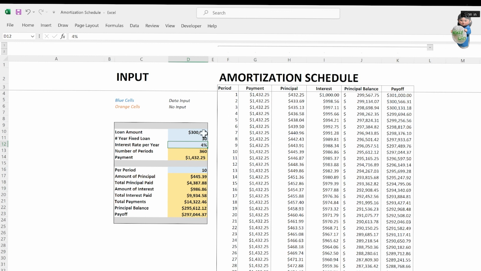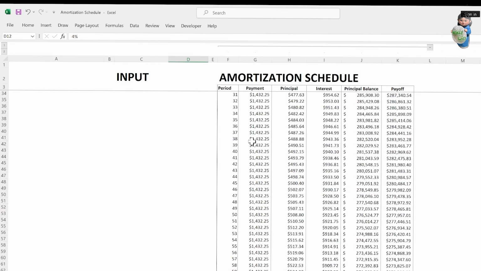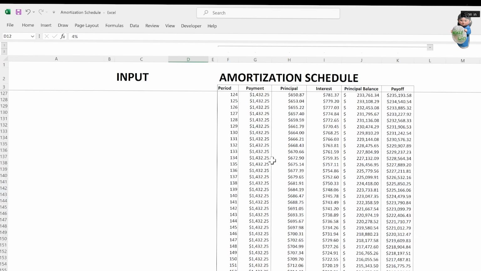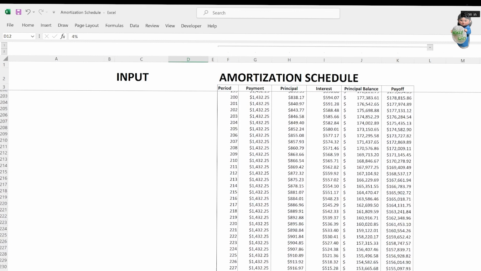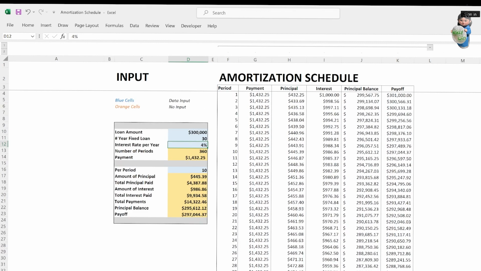So when you put in this number of payments, this schedule here has a function that takes you all the way to 360 periods down here.